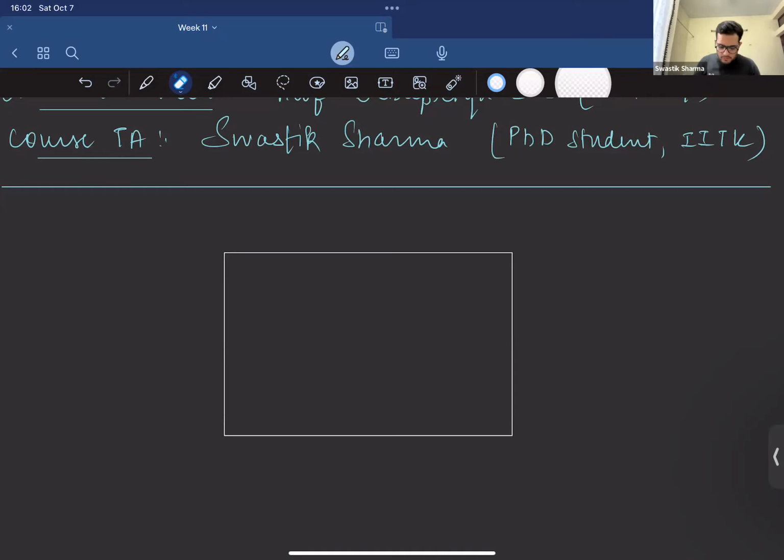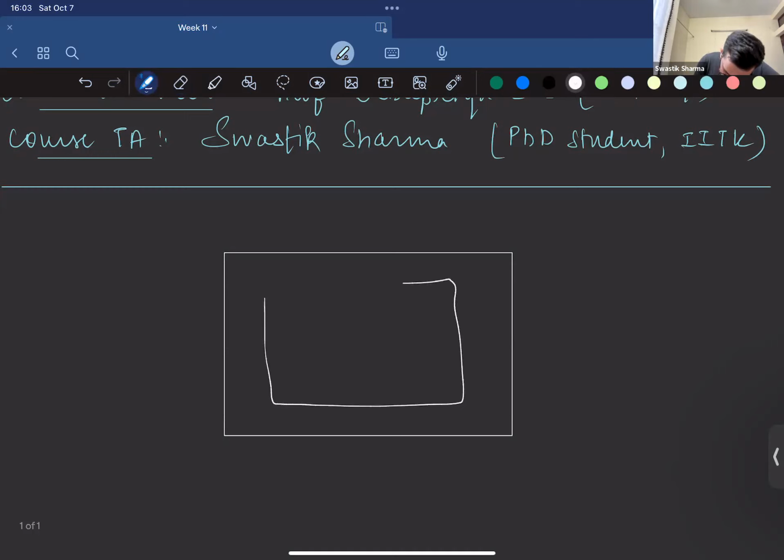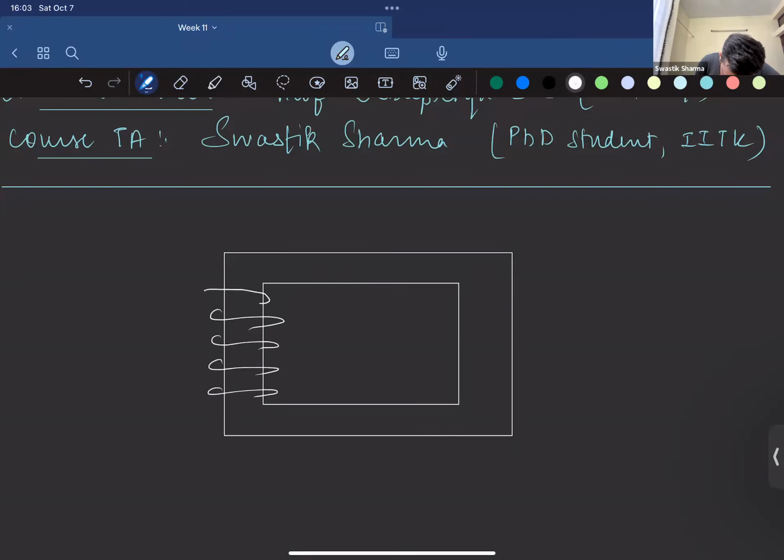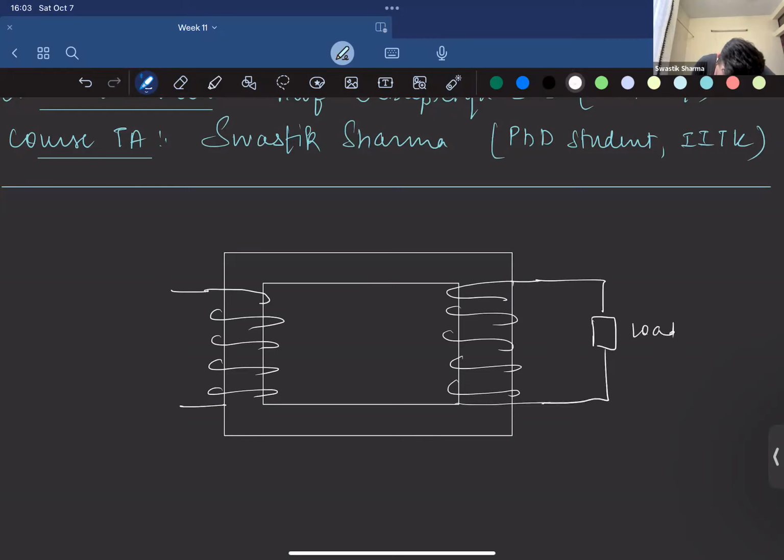For example, if there is a ferromagnetic core like this, and we wind coils on both sides of the transformer, and let's say we have some load connected to it. This is N1, this is N2.